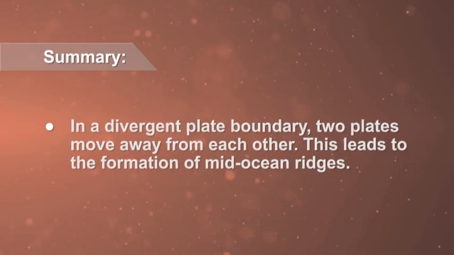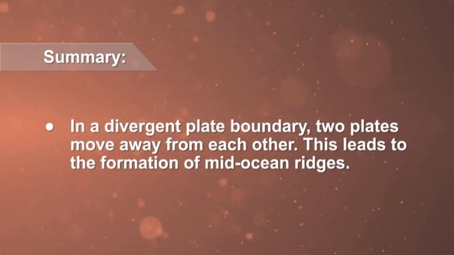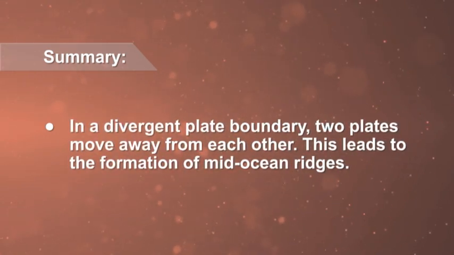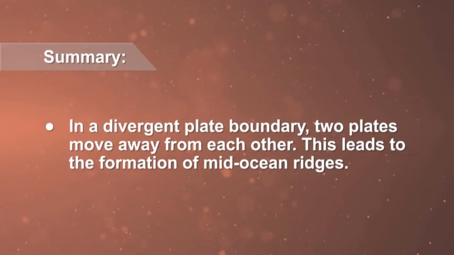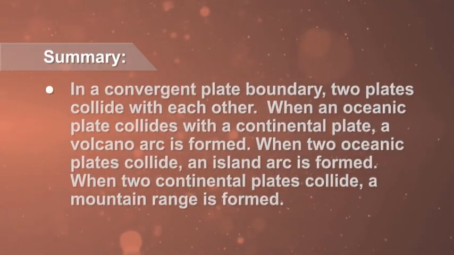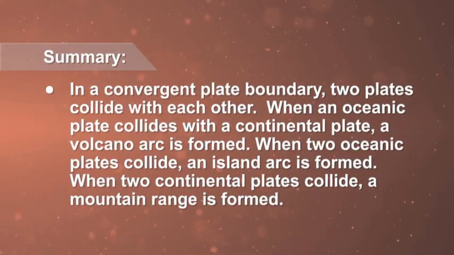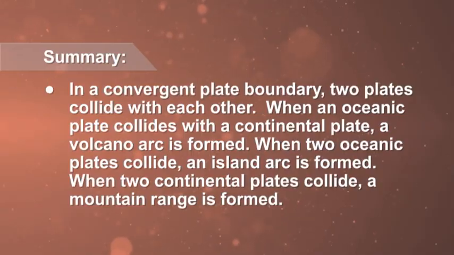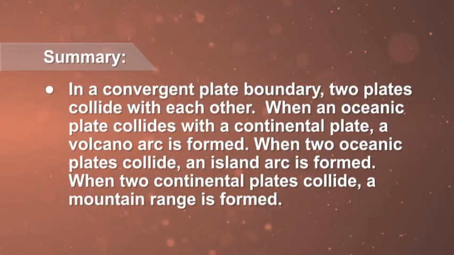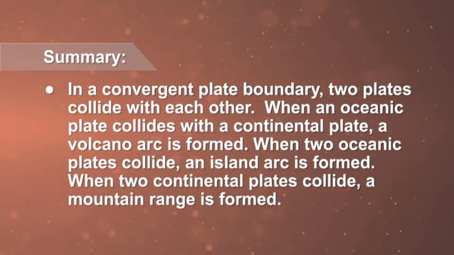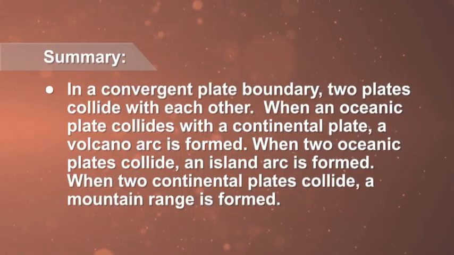In a divergent plate boundary, 2 plates move away from each other. This leads to the formation of mid-ocean ridges. In a convergent plate boundary, 2 plates collide with each other. When an oceanic plate collides with a continental plate, a volcano arc is formed. When 2 oceanic plates collide, an island arc is formed.